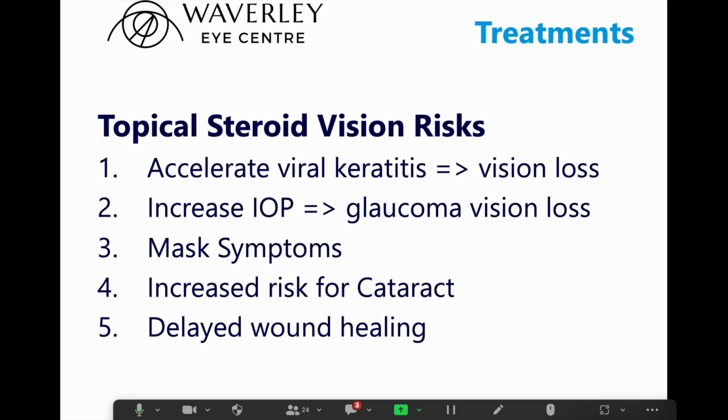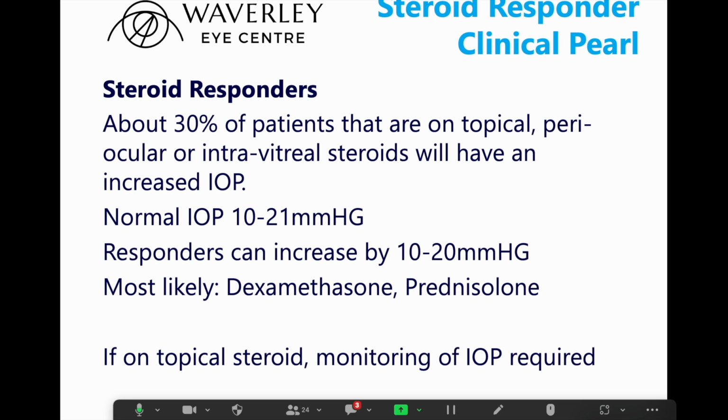It can mask symptoms, so if they have some type of situation, it's going to cover it up. Now, oftentimes, if we know it's not a problem, we will use it to deal with their symptoms, but it might cover up symptoms that you need to know about. Using it chronically can increase their risk for developing cataracts younger, and it can definitely delay wound healing. So you've got to be careful about using topical steroids.